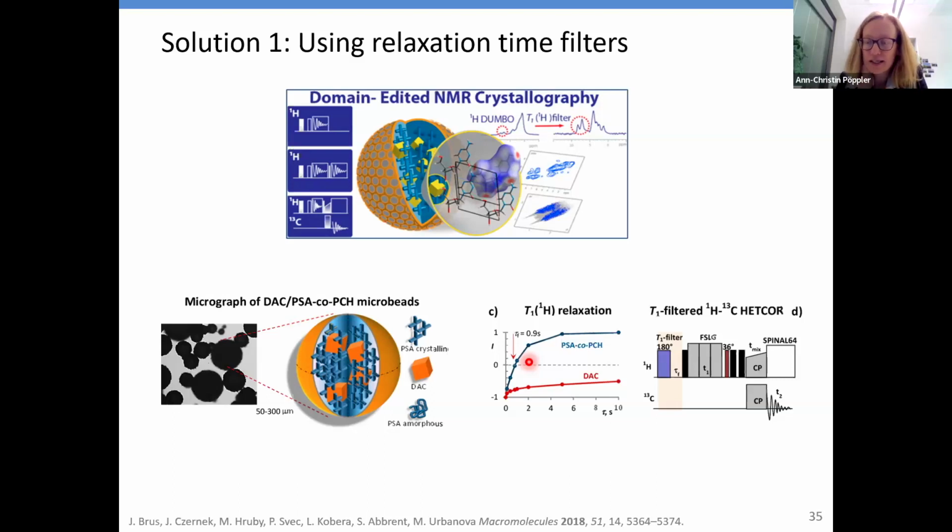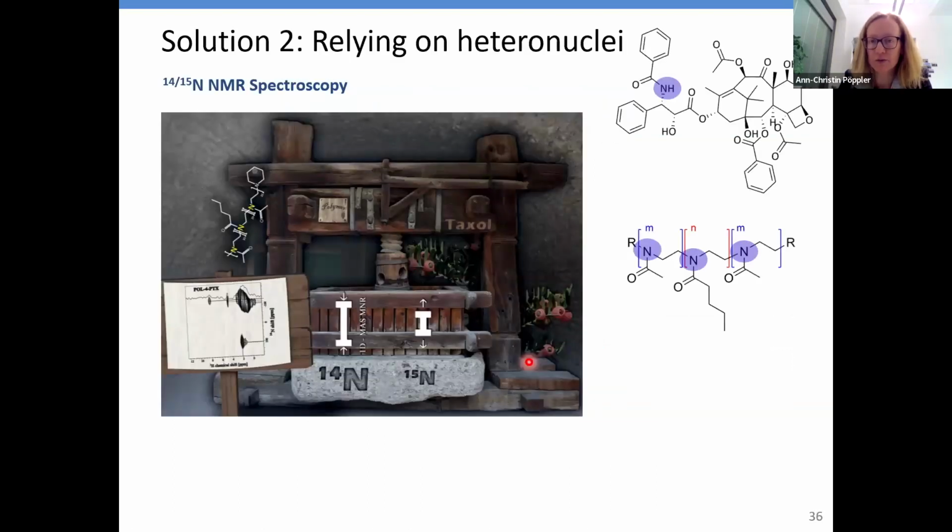Unfortunately, as in our case, both species are amorphous. There's no large difference that we could observe. And this means that we couldn't go along this route with the relaxation behavior, but instead we took a second route and we used the fact that we have heteronuclei in our molecules. And in particular, we used 14N and 15N, because we have it only once in the drug and at specific sites in the polymer.